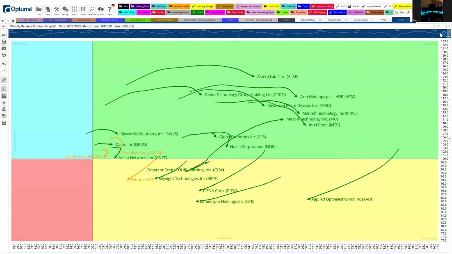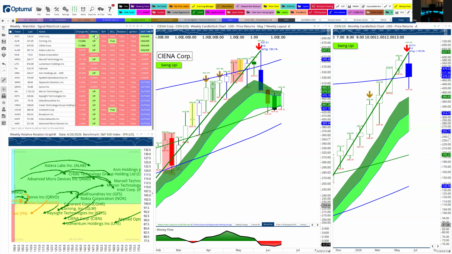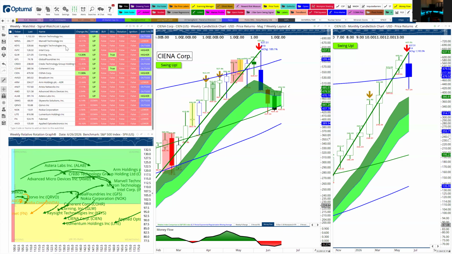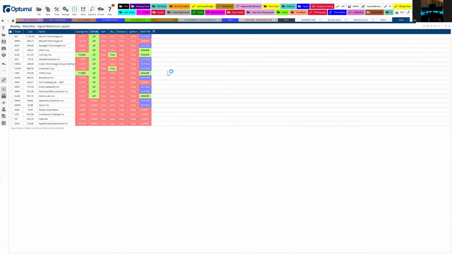And now you look at the list here. How many of their weekly swings flipped? These all went down. So we have AAOI, FN, Lite, QRVO, and Skyworks right there.